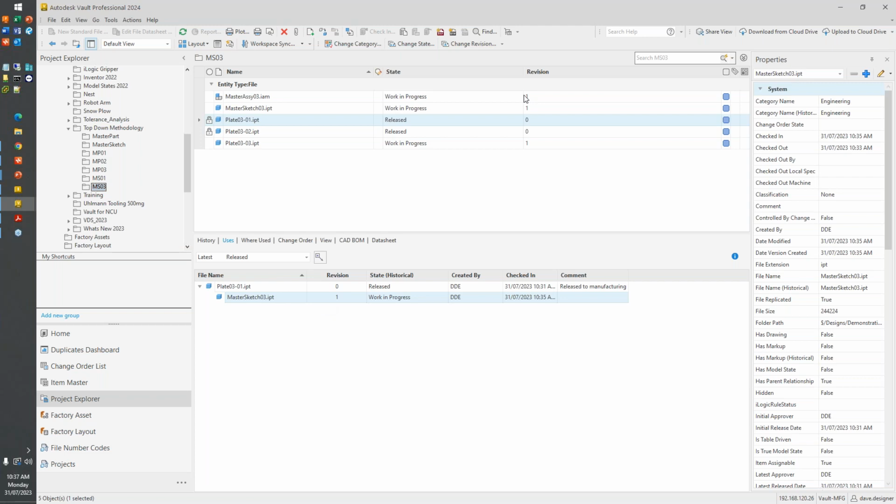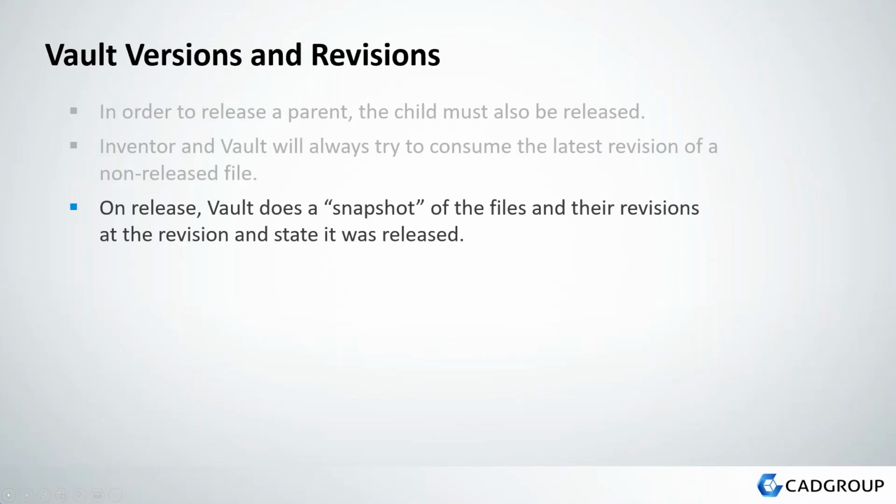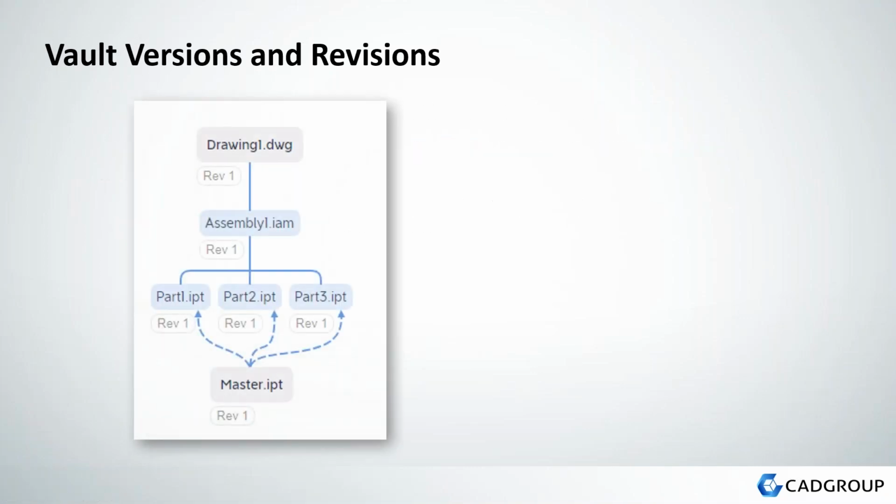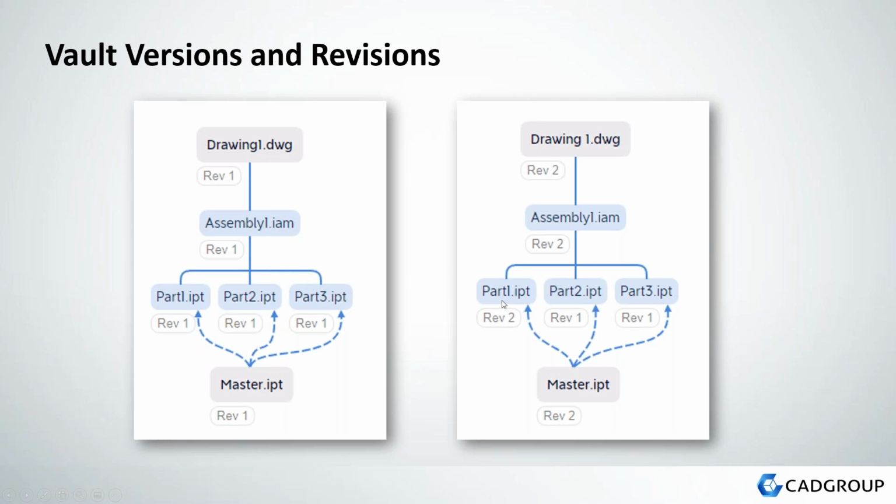So if I just have a look at, for example, going back to my PowerPoint slides here. Initially we had the assembly at rev 1, everything was at rev 1. We needed to make a change to just one component, part 1.